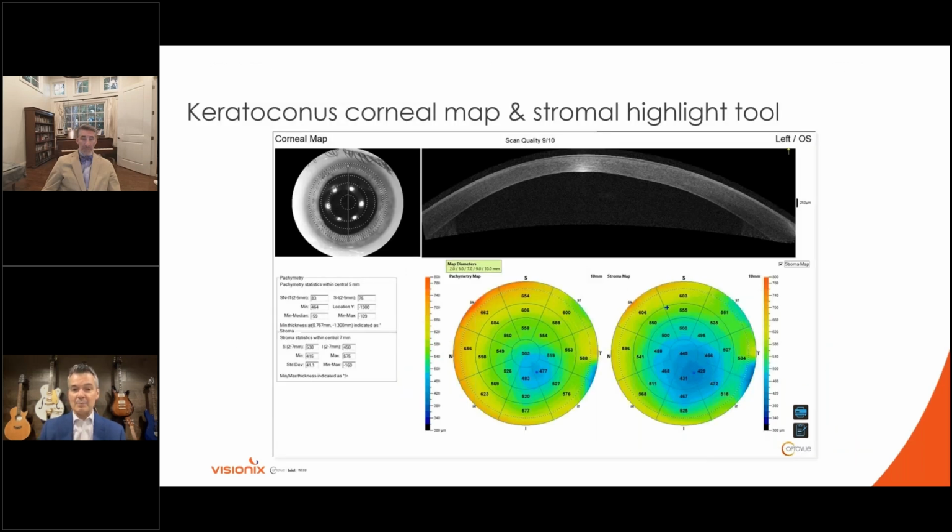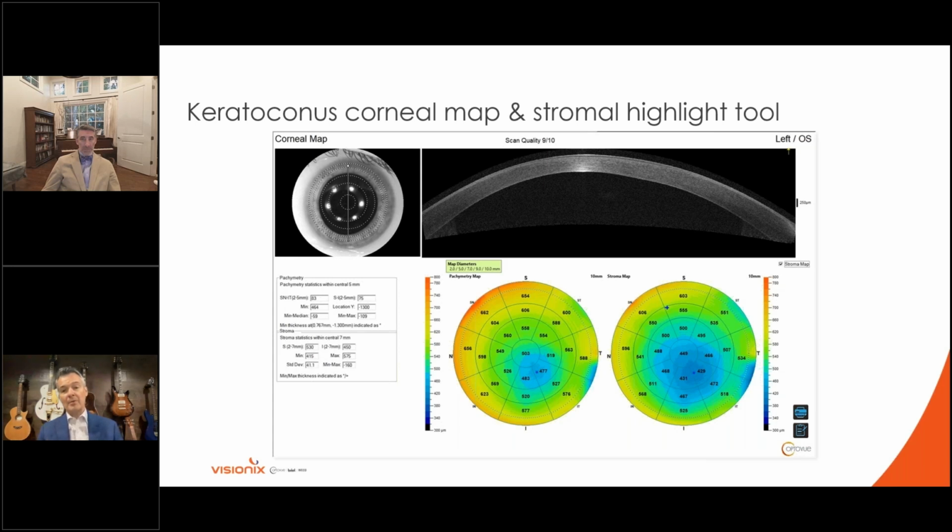Now this sets the basis, but you can also see too that you can even isolate different parts of the cornea. On this scan, again, you can see exactly where we're looking at this cornea through. It's a vertical scan. And on the top right, you can actually see the cut through that vertical section of the cornea. And on the bottom left, you can see what the total corneal thickness is.